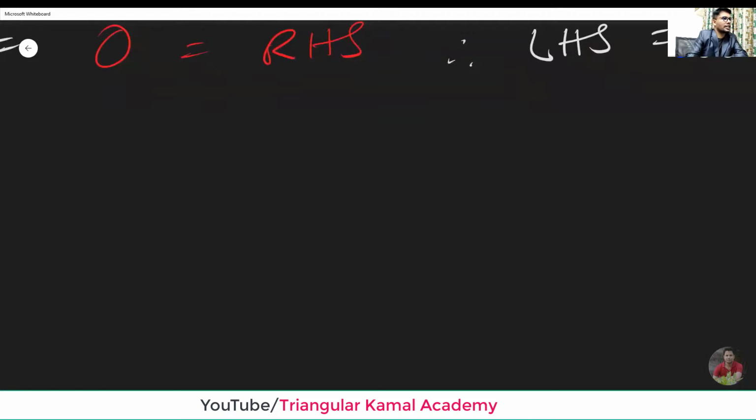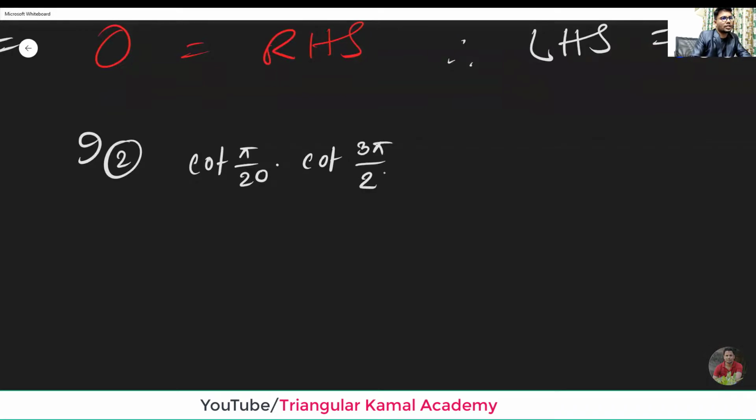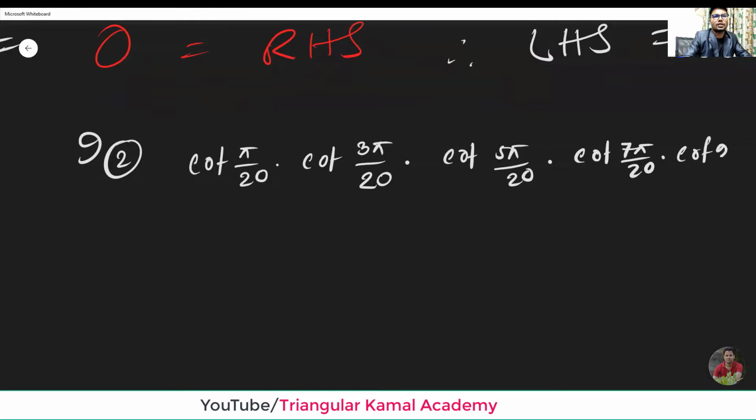Okay, now we will do the next question, 9(2). Here in 9(2), this question is cot pi by 20 multiply cot 3 pi by 20 multiply cot 5 pi by 20 multiply cot 7 pi by 20 multiply cot 9 pi by 20.